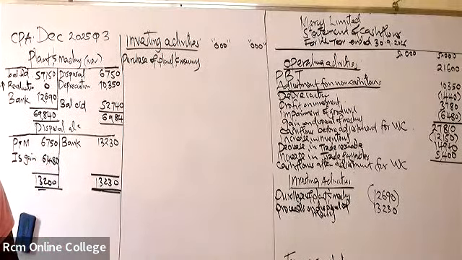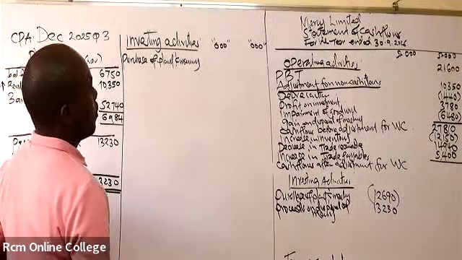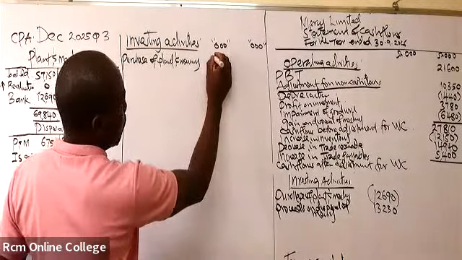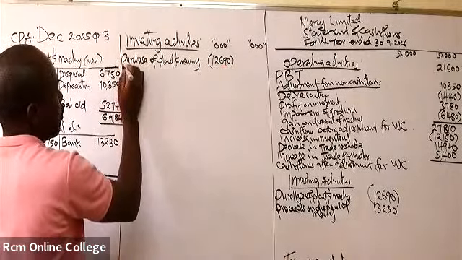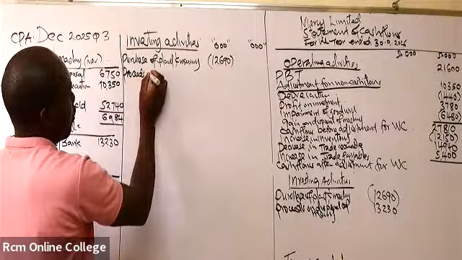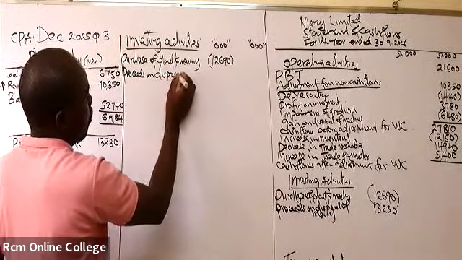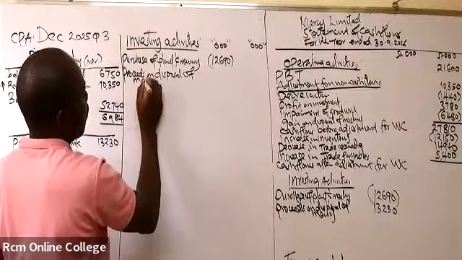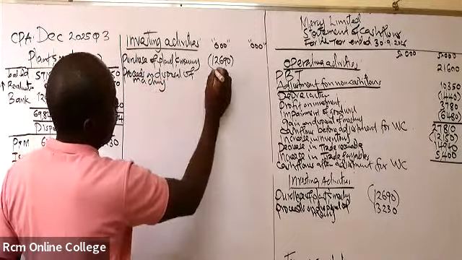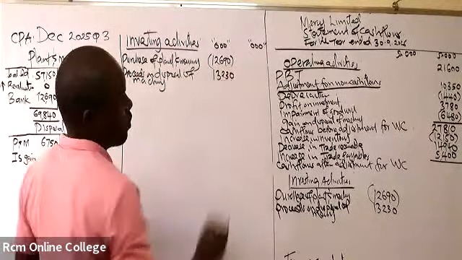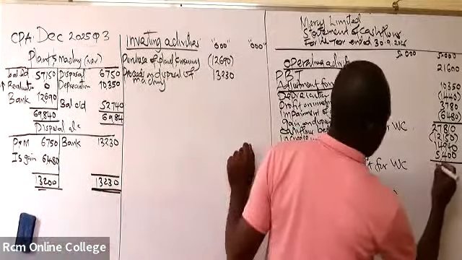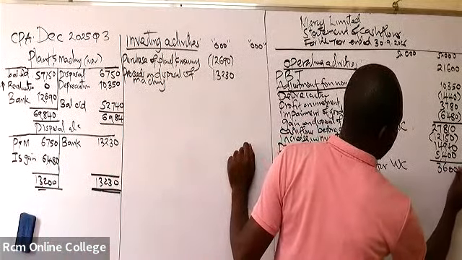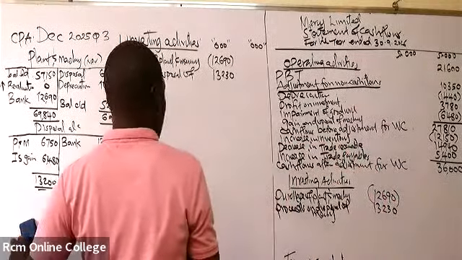I can see 136,000. I can see 36,000. So which one should we follow? Add it, redo it. 36 is the majority, so we have 36,000. Good. That is what we have.